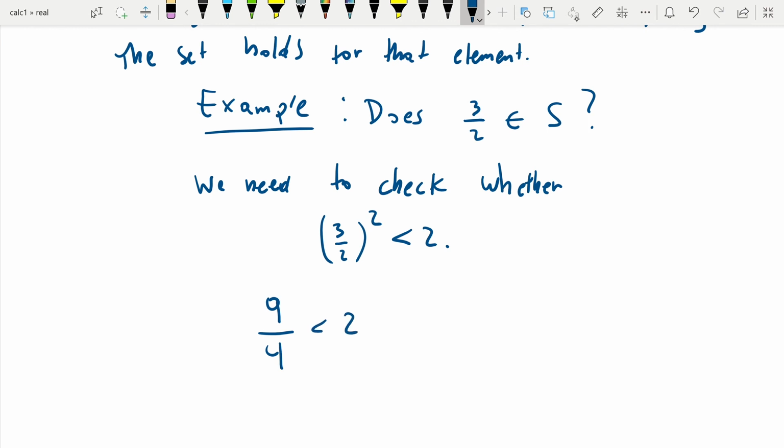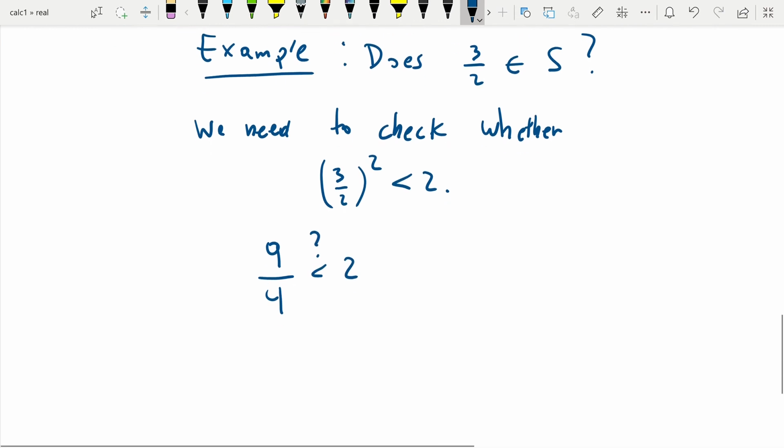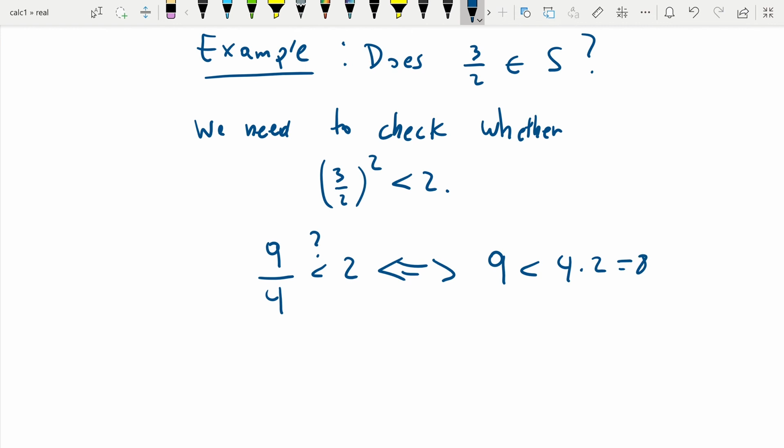And is that less than 2? We put a question mark here. This can only be true if 9 is less than 4 times 2, which is 8. And this is not true, so this is false.